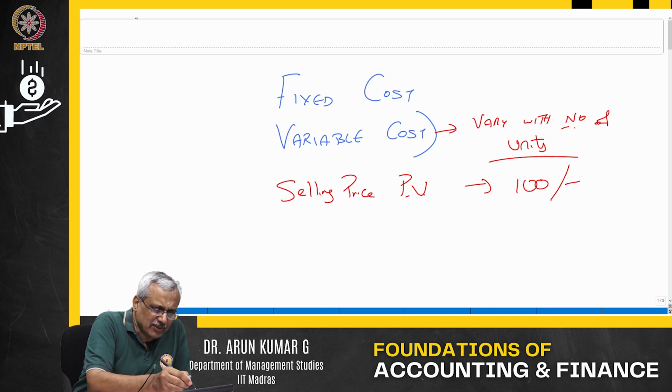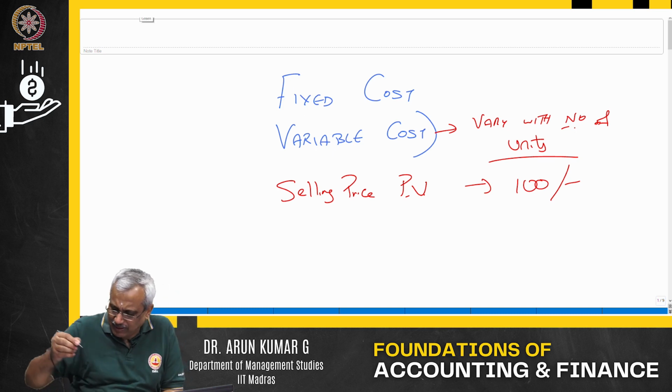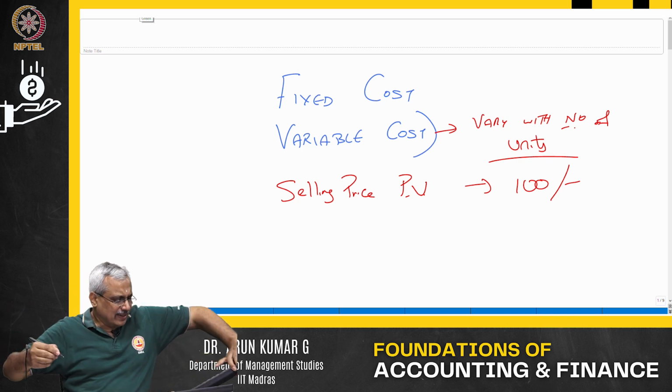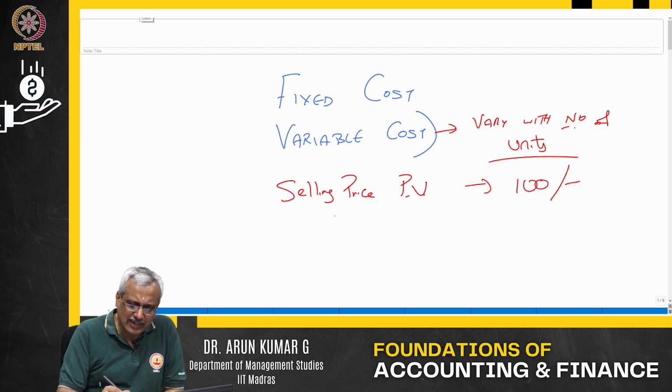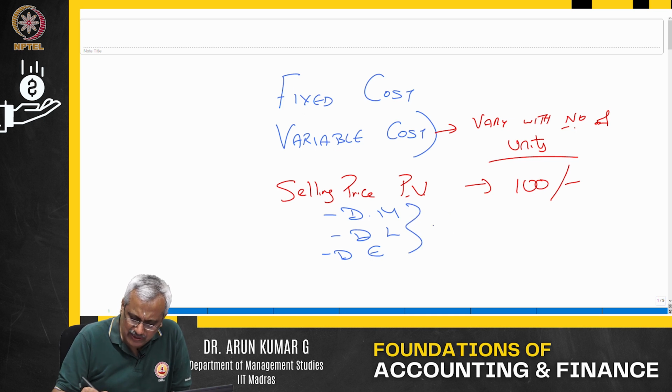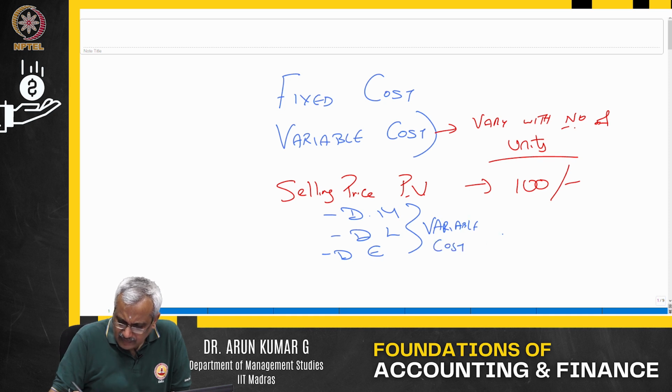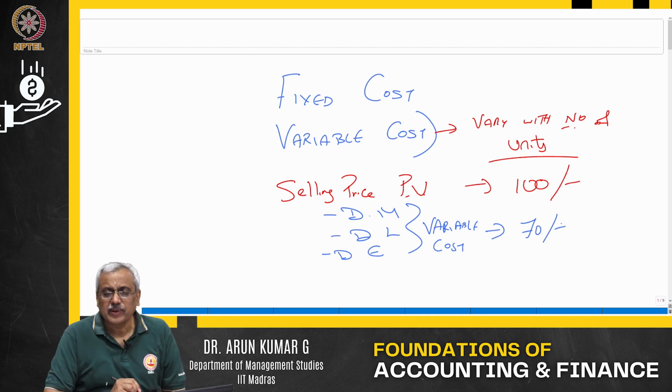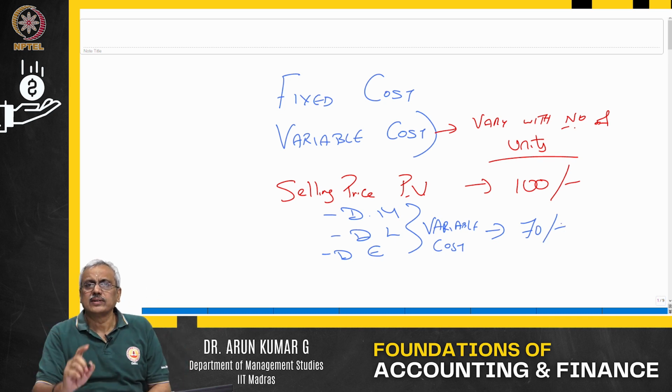My direct material, my direct labor, my direct expenditure, all these put together, basically your variable cost, amounts to about 70 rupees per unit.